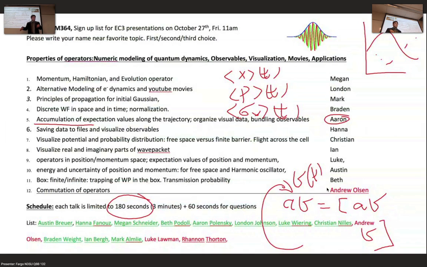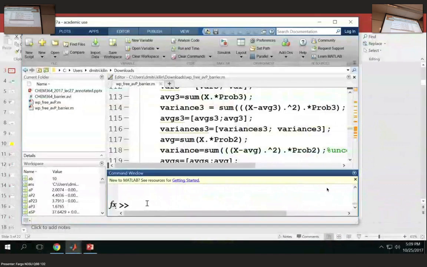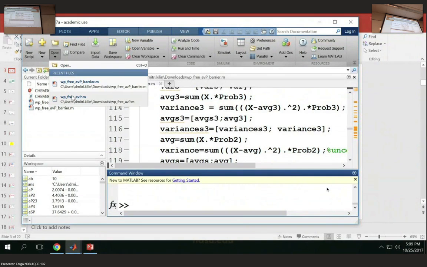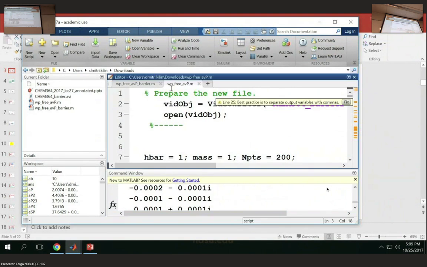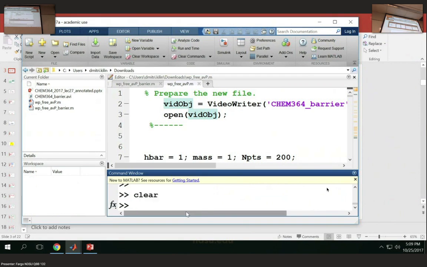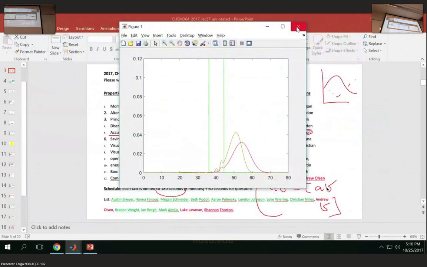If you're sure that it's the 18th, look for emails from the 18th. The name for the code was WP free AVP, and I'm going to erase everything I created here as a little experiment.